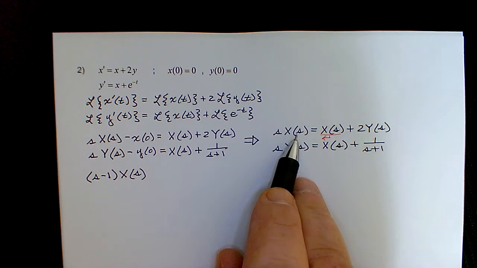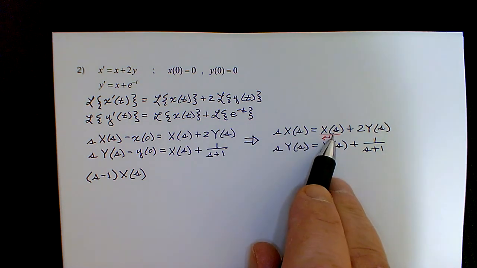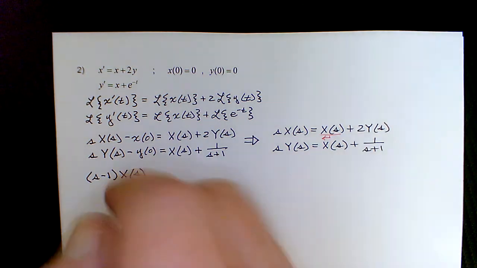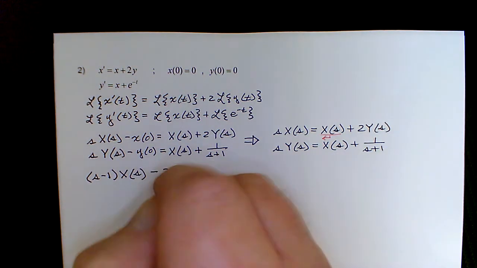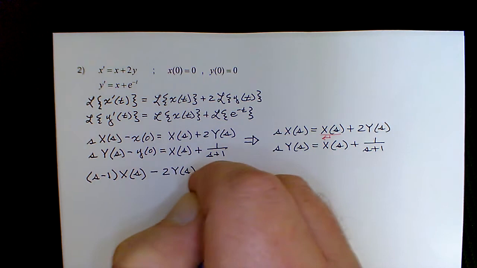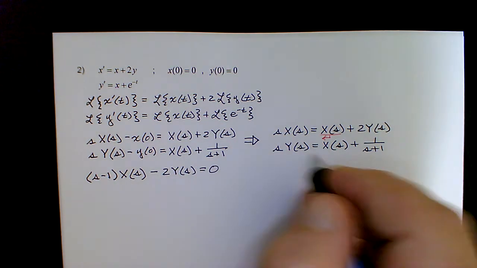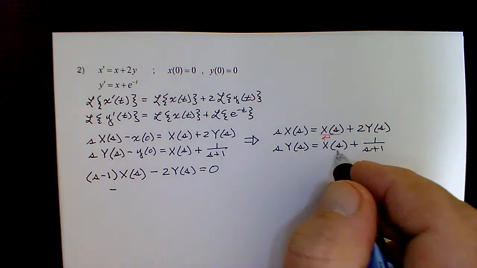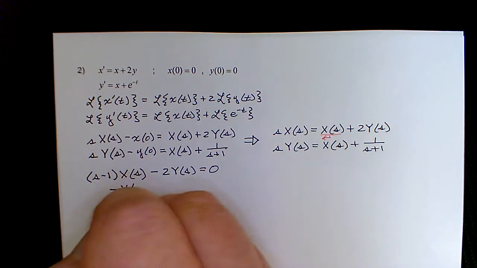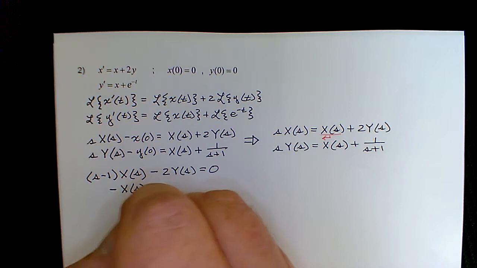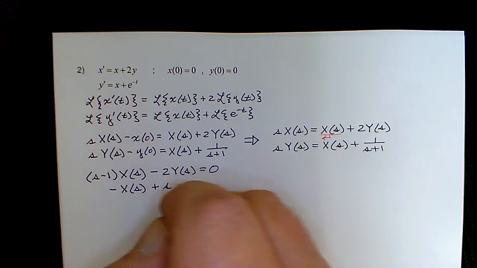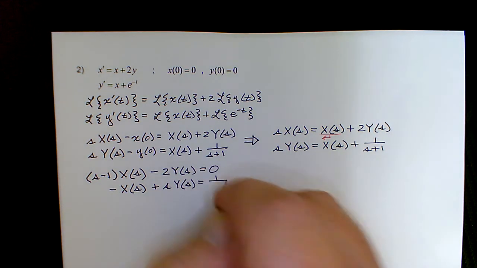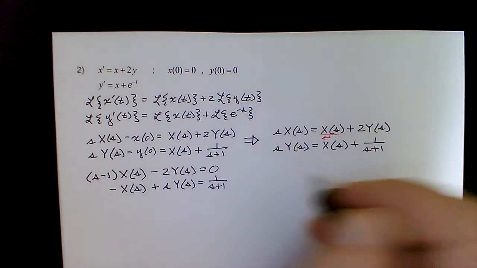So the s coming from the s X of s, and the negative 1 coming from this transposed X of s. And then we'll have to transpose the 2Y as well, so minus 2Y of s. That'll be equal to 0. And then same idea here. Well, actually not much to do, just bring over this X of s, so minus X of s, and then plus s Y of s, but that'll equal the 1 over s plus 1.